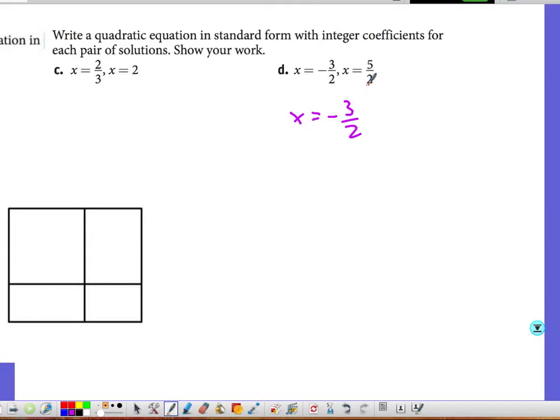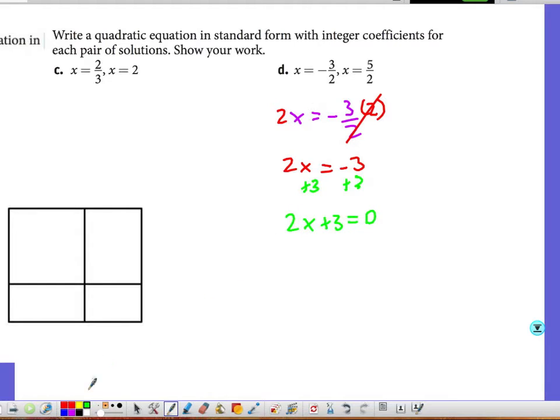So how do I do that with this? First thing you want to do is get rid of the fraction. So in order to get rid of the fraction, I need to multiply both sides by 2. So when I do that, I get 2x equals negative 3. And then to make it equal to 0, I just need to add 3 to both sides. And so I get 2x plus 3 equals 0.